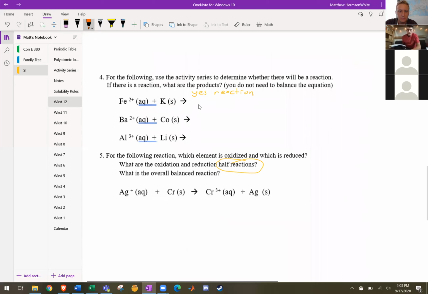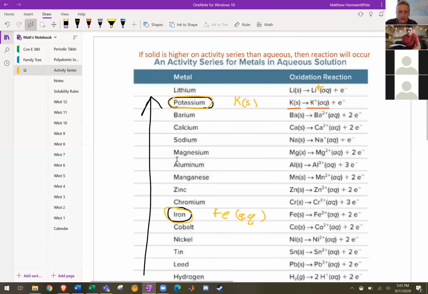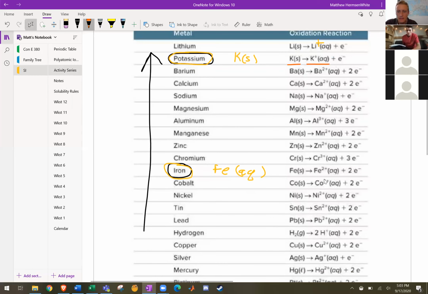This is going to be K plus aqueous plus iron. Now iron is going to be running this reaction backwards. Iron is at 2 plus aqueous, and it's going to go to solid. So this reaction runs forwards, and the other one runs backwards.